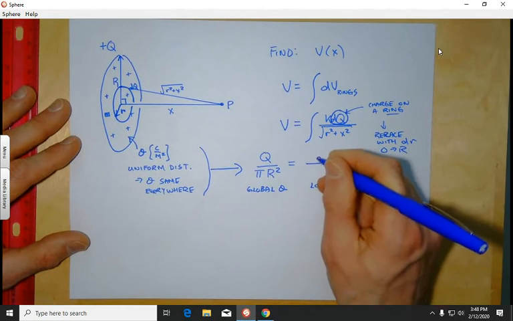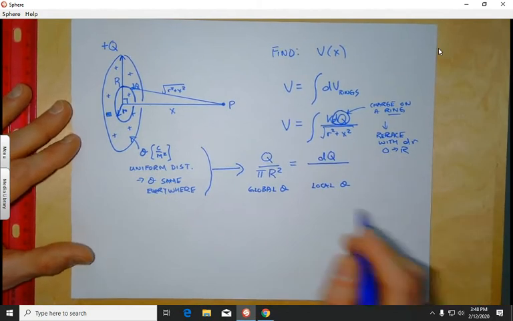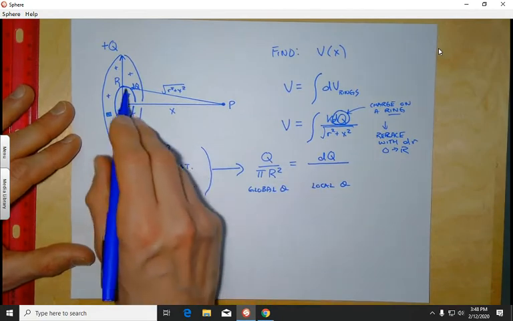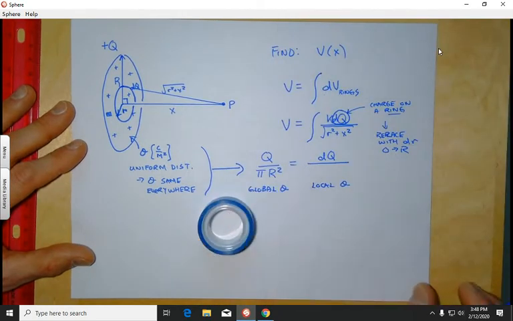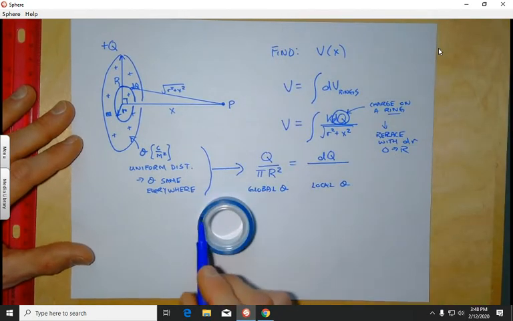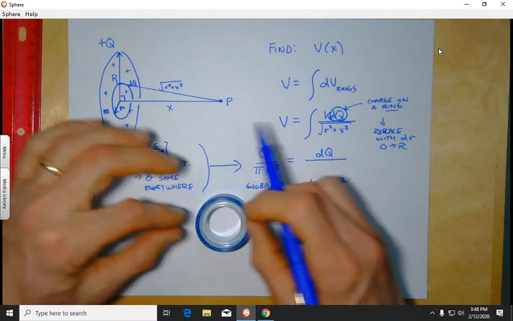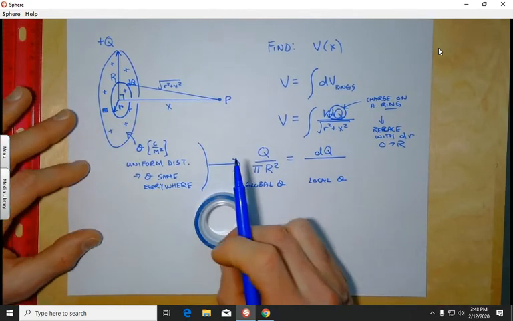So now I'm going to talk about dq. And the clever way of doing this is, how do you express the area of a ring? Remember, we talked about this with a roll of tape. How would I get the area of this dark part of the roll, the side of the tape? I'd have to stretch this out to a circumference of 2 pi r, and then I'd take the thickness of that.